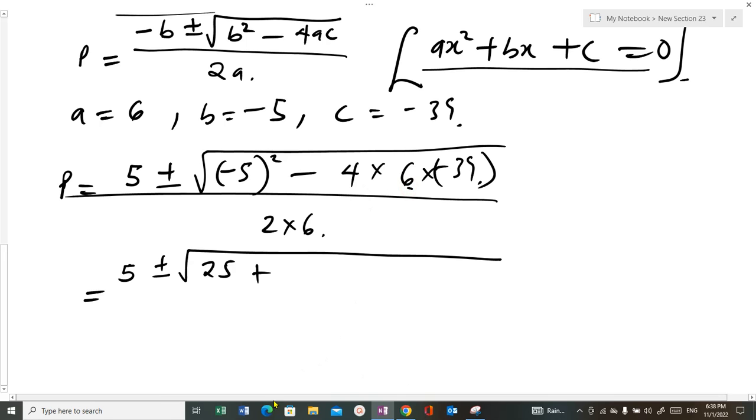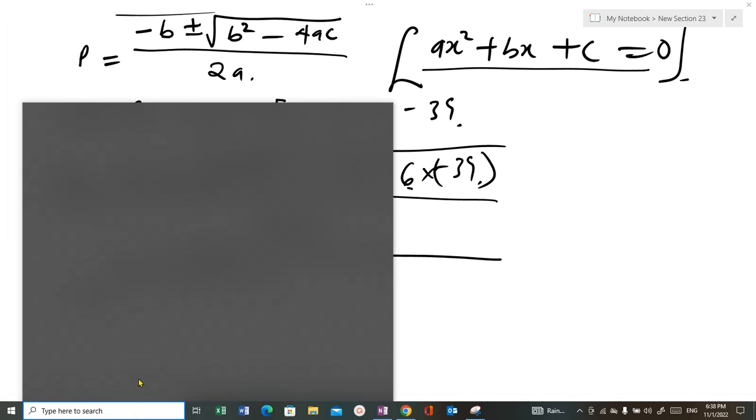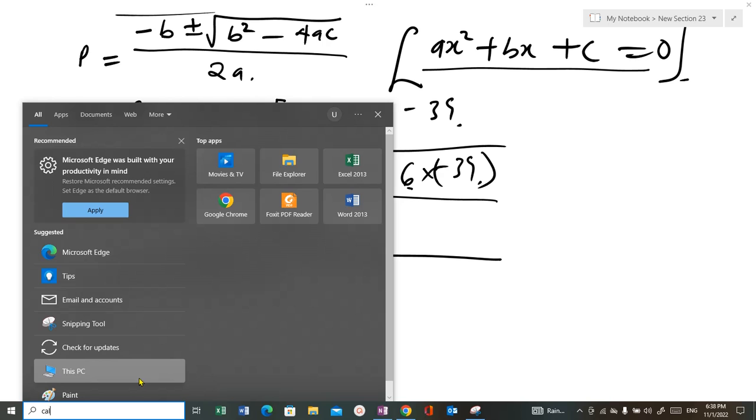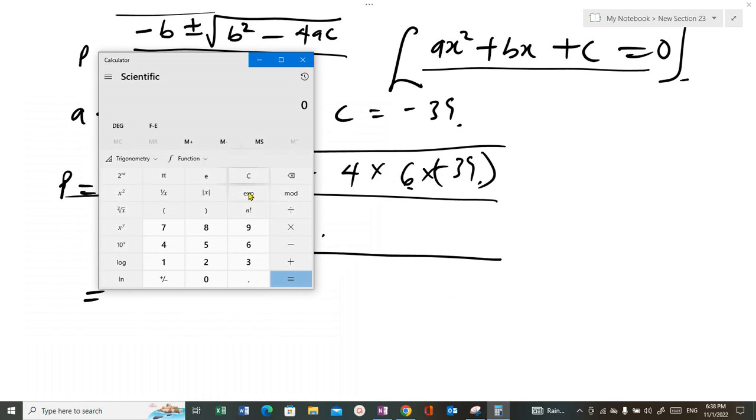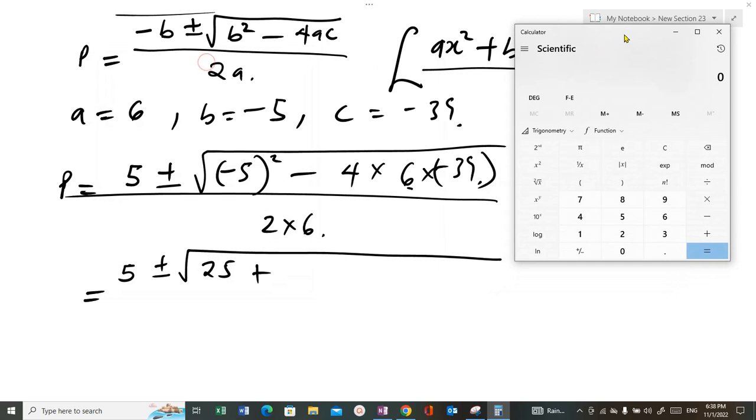Now let's use the calculator. 4 times 6 times 39 will give you 936.